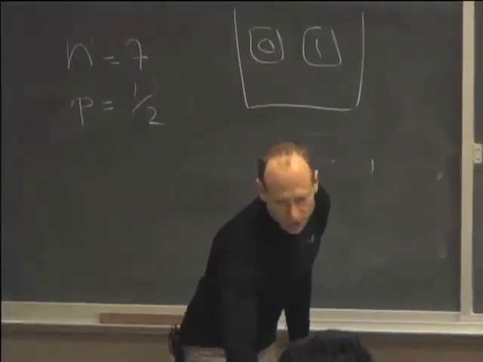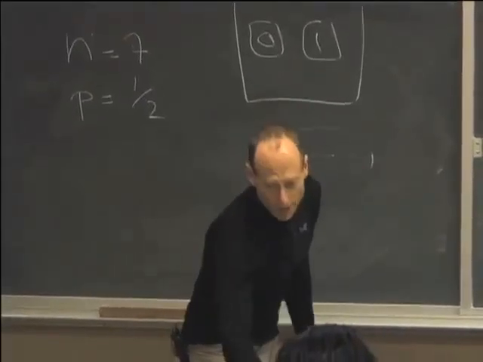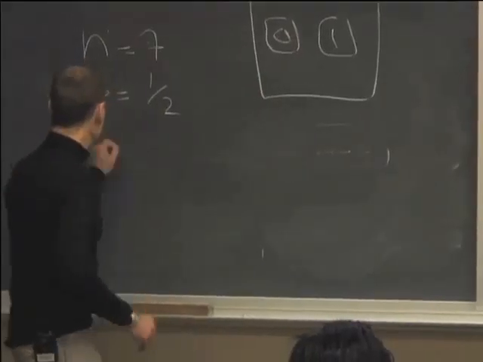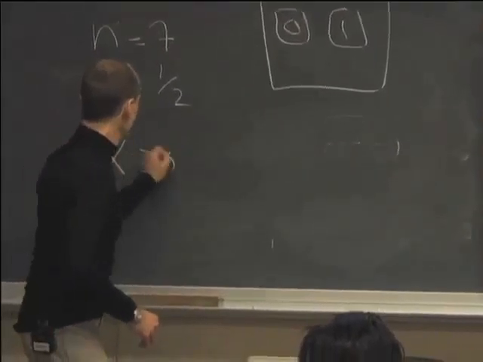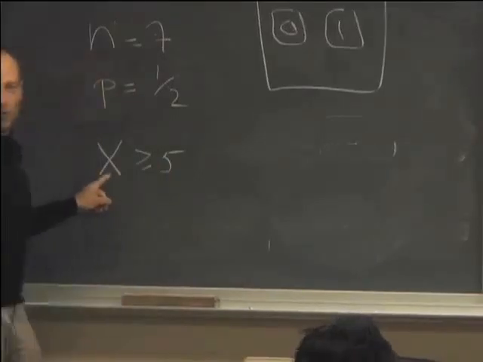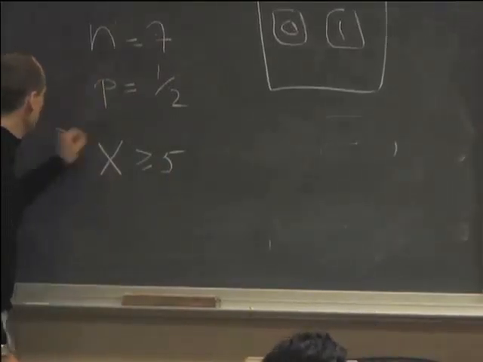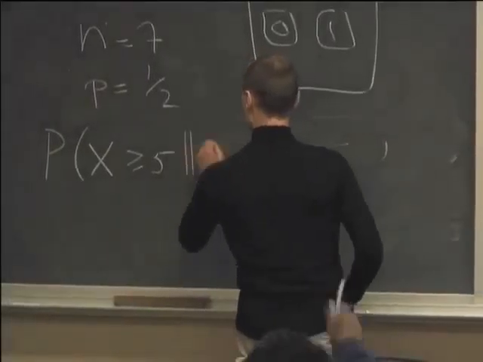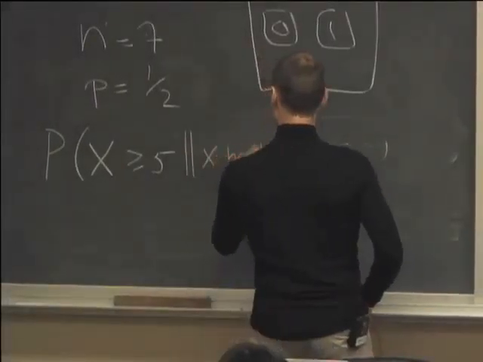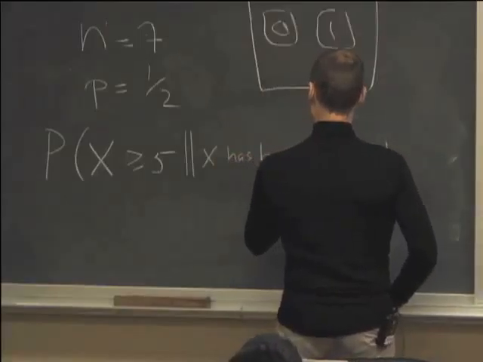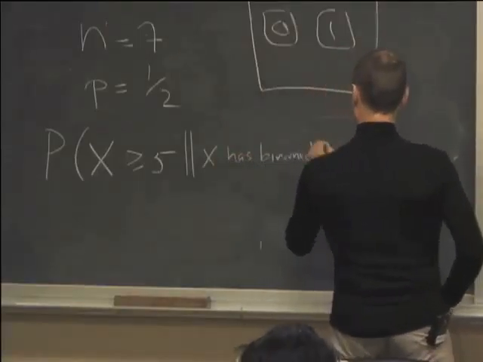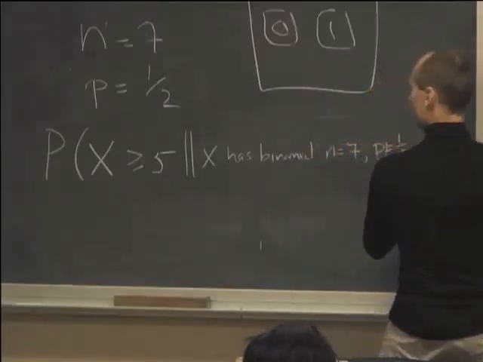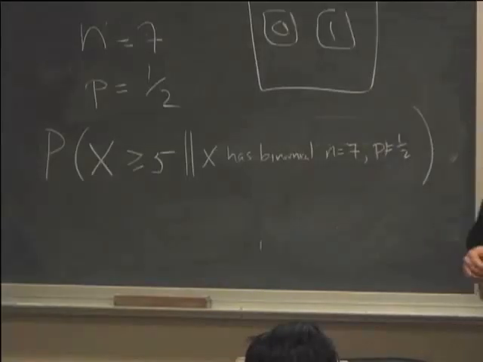This test says reject the null hypothesis if you get 5 or more heads in the 7 tosses. So we're going to reject the null if x is greater than or equal to 5, where x is the number of heads we get in the 7 tosses. So what we want to know is, what's the probability that x is greater than or equal to 5, given that x has a binomial distribution n equal 7, p equal a half distribution, right?